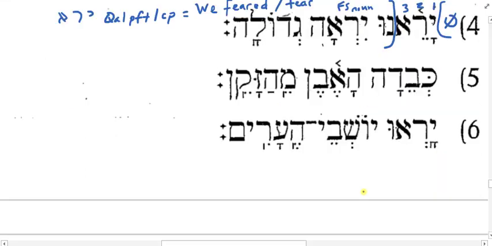So we're asked for number 5. We have kaveda ha'even mehazaken. Okay. So question here, is kaveda the stative verb, kaved, or is it the adjective, kaved? And how do I know?